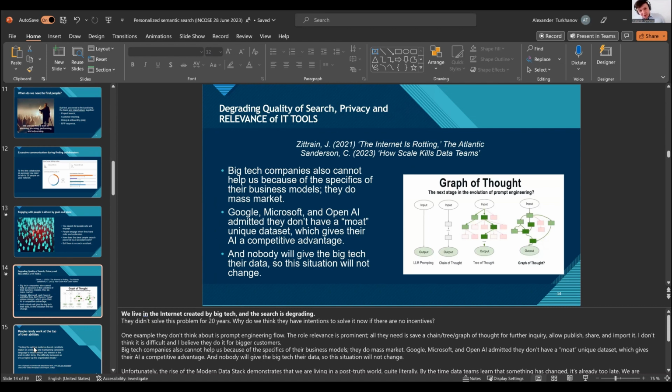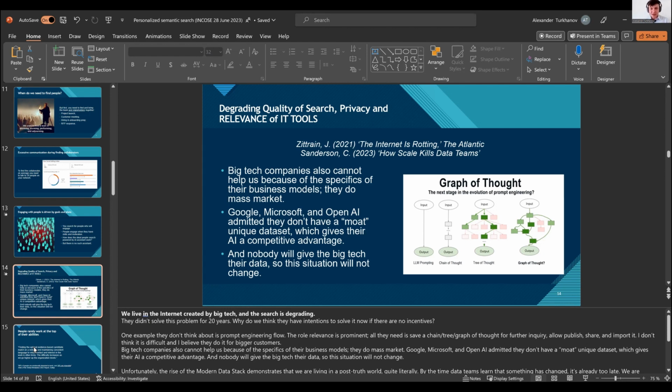And the next question: can we wait just a couple of years until Microsoft or Google builds it? Actually, no, because there are two major concepts to consider. What we have seen for the last 20 years is degrading quality of search and privacy.